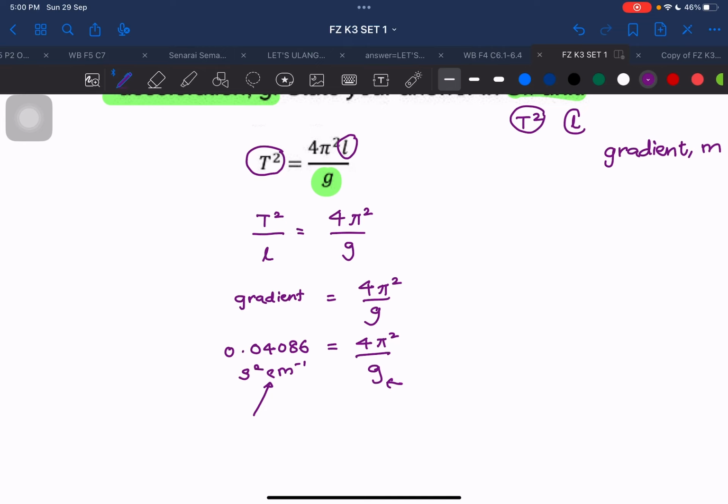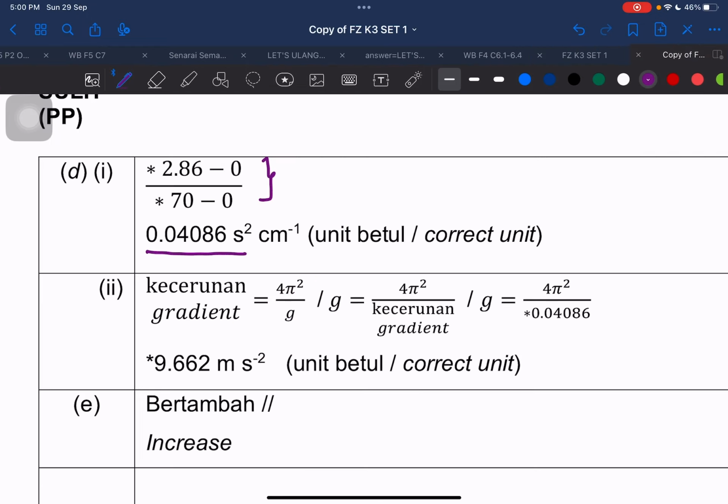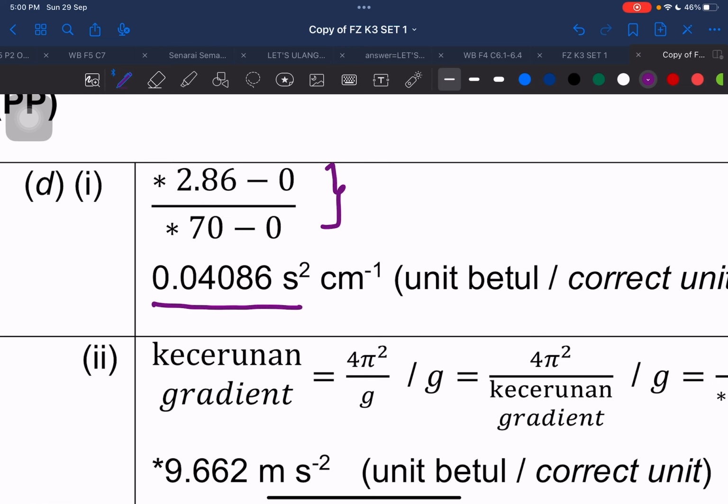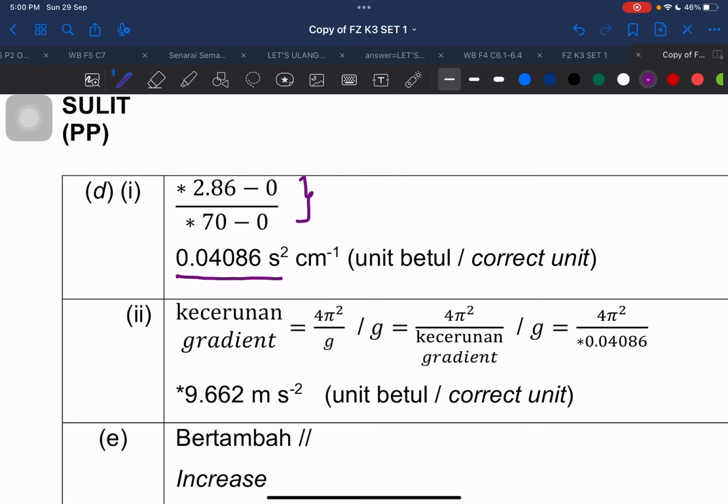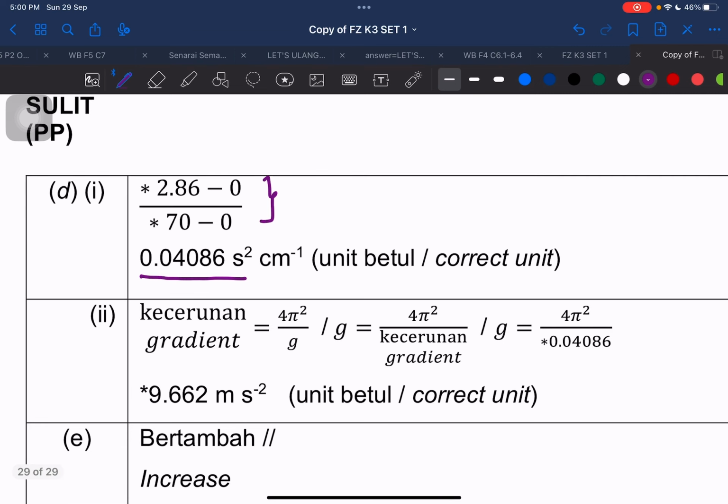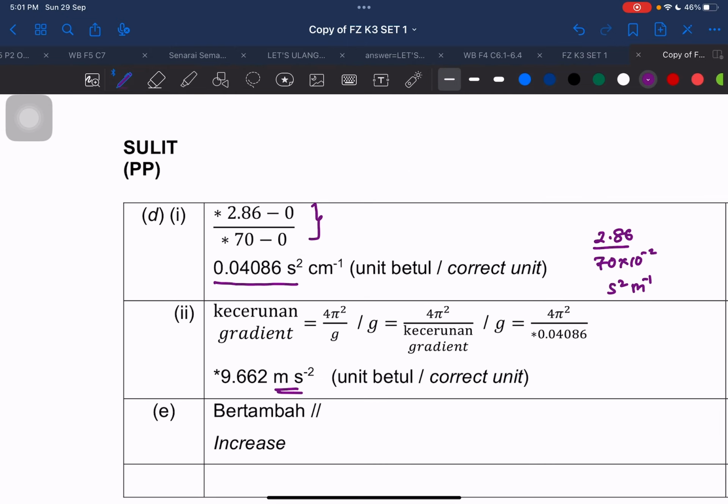Actually you can change it earlier, before you use this data. If you are not sure, you can do 2.86 divided by 70 centimeter times 10 negative 2. So you get your answer in second square meter negative 1 like that. Here, see, in meter. Then the answer will be in meter per second per second.